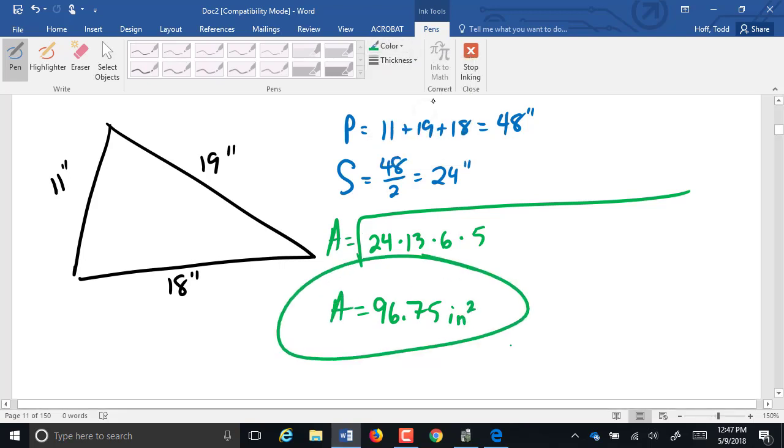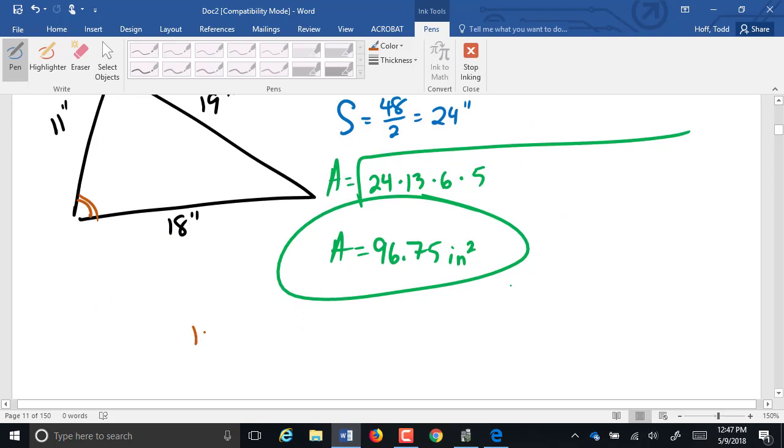Now, somebody mentioned that we could find an angle here if we wanted to, couldn't we? We can actually find any of those angles. The one I would actually prefer to find is usually the largest angle, the one opposite the largest side. We can do that using our law of cosines. So this would say that 19 squared equals 11 squared plus 18 squared minus 2 times 11 times 18 times the cosine.